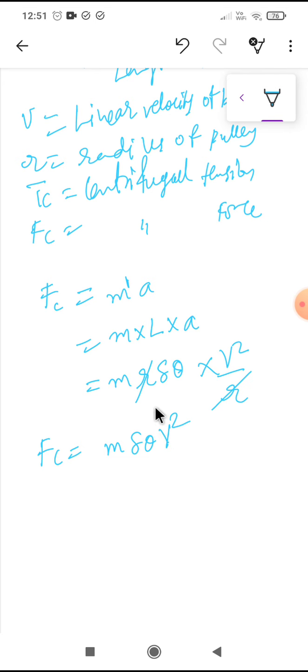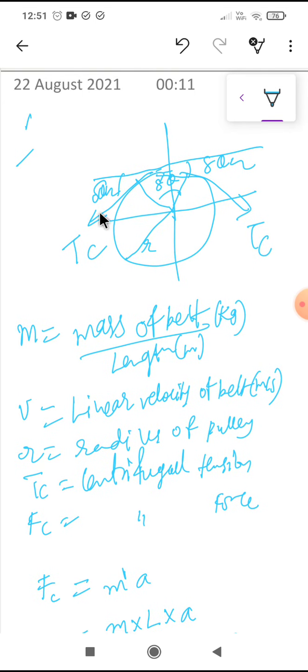Now from this figure, if we resolve the forces radially, we get 2 times the tension into sine delta theta by 2.